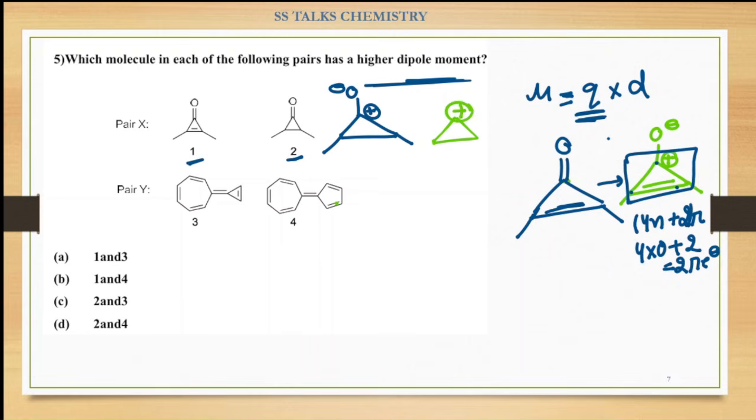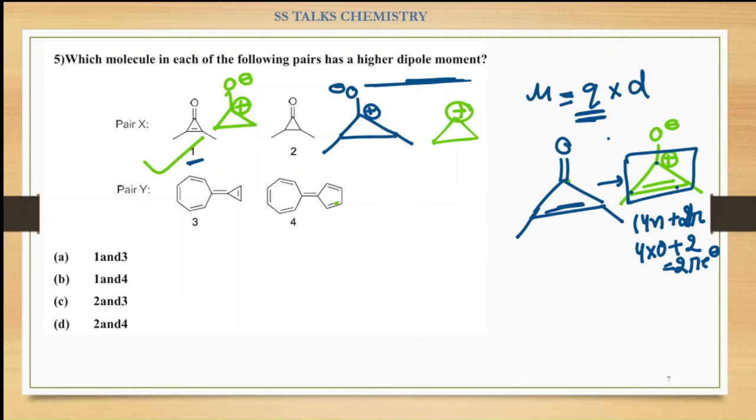So this is not an aromatic species. So there is going to be less dipole moment, and it will be present in the carbonyl form only, whereas the first molecule will be present in the charged species, O bearing the negative and this bearing the positive charge. That means among 1 and 2, the first molecule is going to have more dipole moment than the other one.